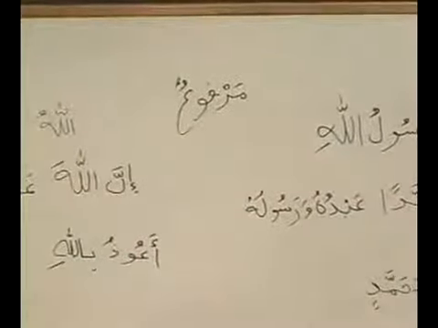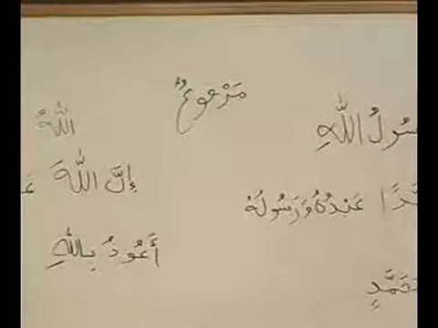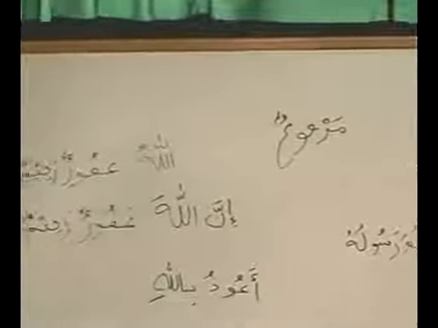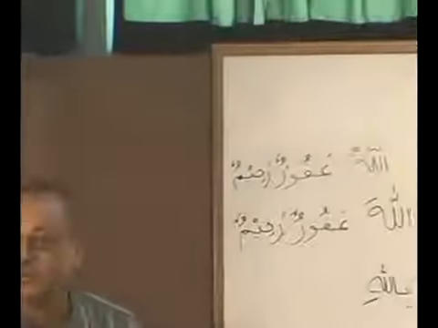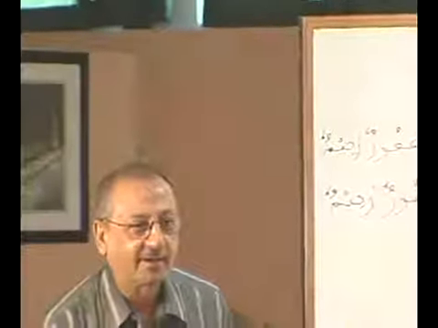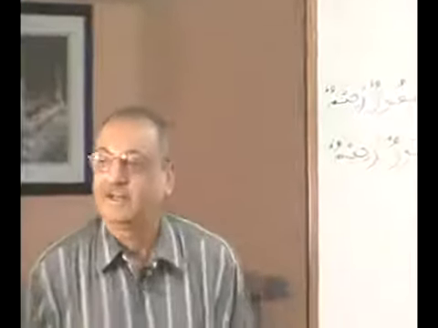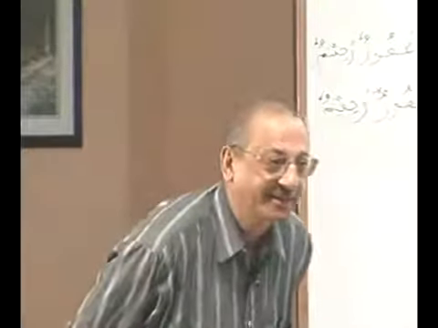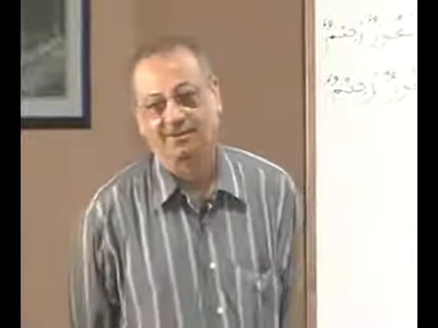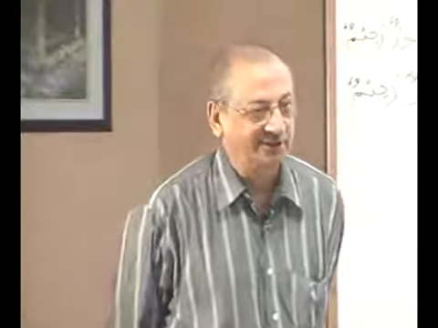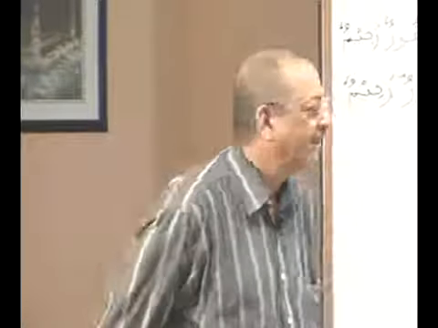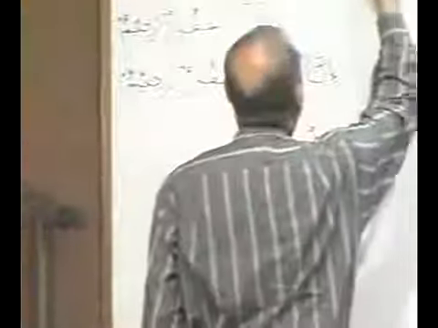Marfu. Are you with me, brothers and sisters? If the noun ends with a dhamma, you will say the noun is marfu. What do you call it in English? You will call it nominative case. Brother, if you are comfortable, we will use some English terms, but later on you will be most comfortable with Arabic terms. Marfu is nominative case.